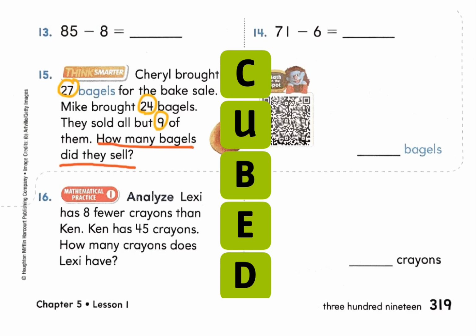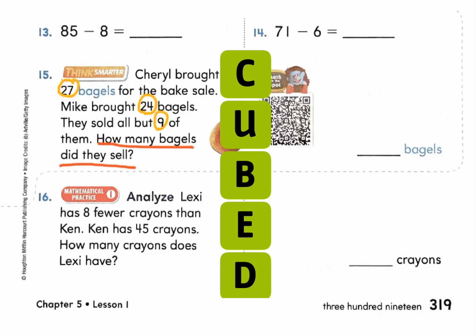Cheryl brought 27 bagels for the bake sale. Mike brought 24 bagels. They sold all but 9 of them. How many bagels did they sell? What would be something important here so that we can know if we're adding or subtracting, or what they want us to do? Well, the question is, how many bagels did they sell?